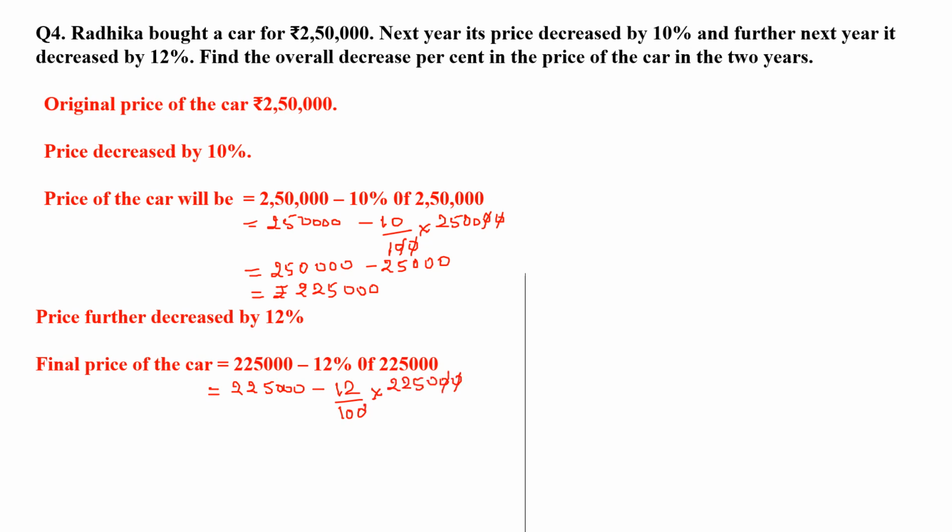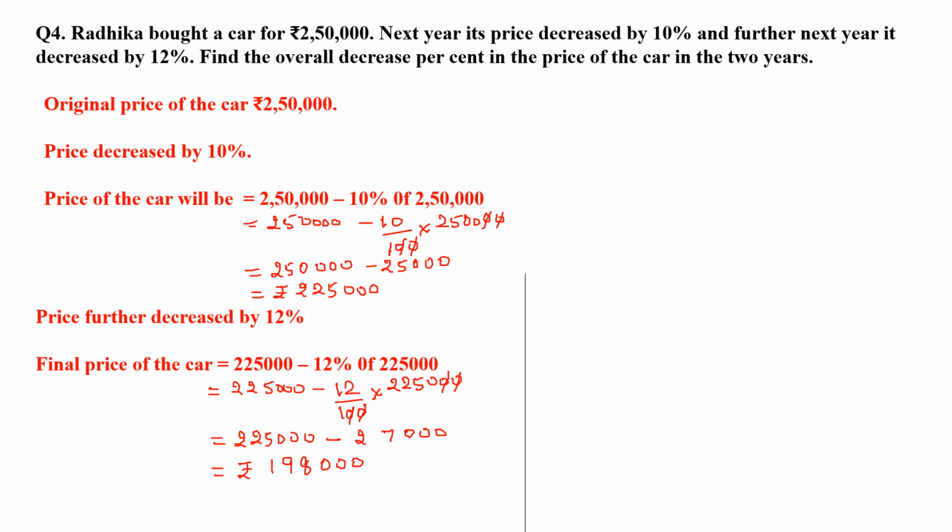Again, two zeros I can reduce from here, and if I multiply it, I will get 27,000. Going to subtract it, it will be 1,98,000.